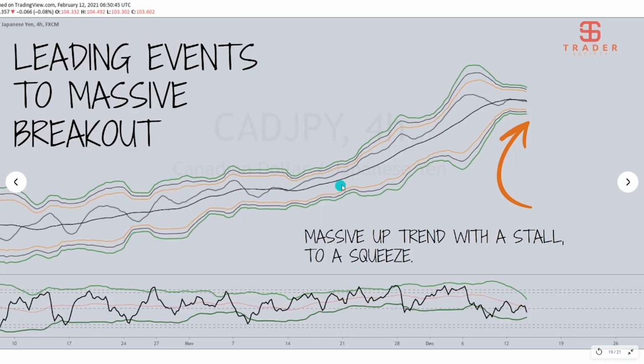So this is what I'm talking about here. We have this massive trending move up. Now, we've been trending up for a long time, and we start to see this congestion between the Bollinger Bands. The Bollinger Bands are all squeezed up. The higher time frames are telling me we're done with this trend, so what we're gonna see here is the market start to fall.